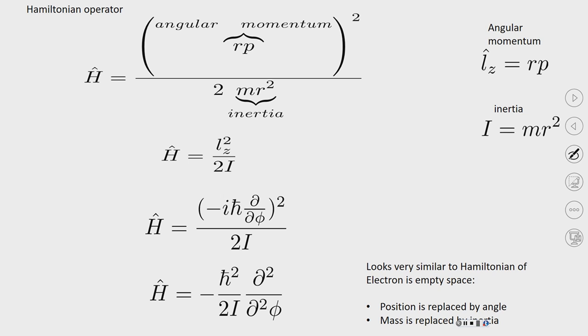What is the kinetic energy? Regular. Do not look at the screen. Momentum squared over 2 times the mass. Right? No one objects. So momentum squared over 2 times mass.